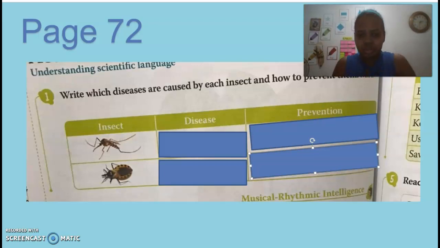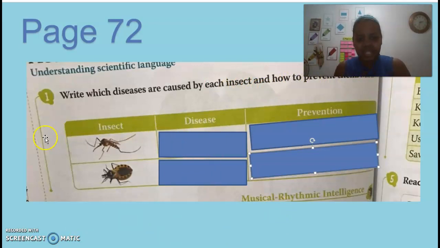What you are going to do is complete, with my help, what it is asking. Remember, this insect is the mosquito, and this one is the bedbug. So, the instruction says, write which diseases are caused by each insect and how to prevent them.